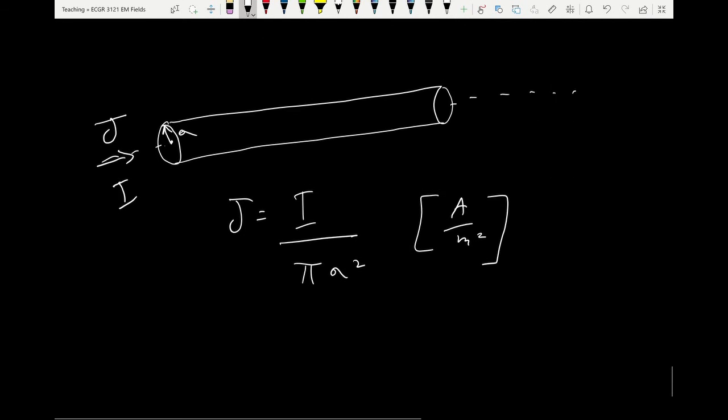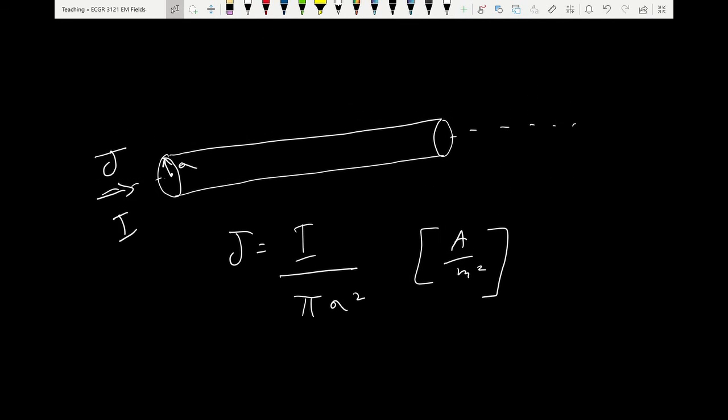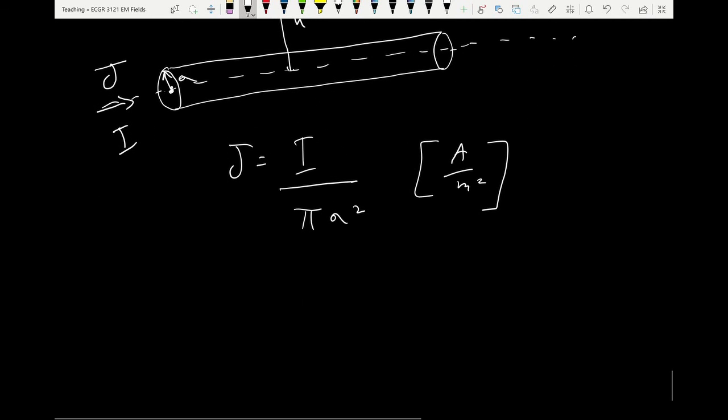Okay, so now the question is, what is the H field from the center to some distance h from the center? So this is the center of the transmission line, and then this is some distance h. What is the field? Okay, so for the field outside, if h is larger than a, Ampere's law applies, we get the same result exactly.